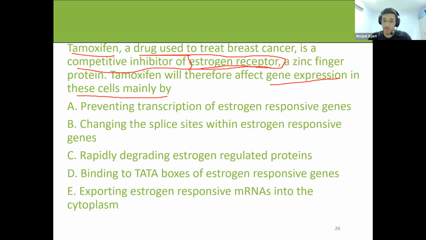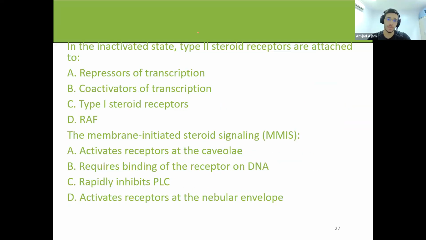So once this is inhibited, even if estrogen came to the nucleus, it will not bind to its receptor, and therefore there will be no induction of transcription. So the answer is preventing transcription of estrogen responsive genes. Why? Because the drug inhibited the receptor, so the hormone estrogen cannot bind to its receptor, therefore there will be no induction of transcription.